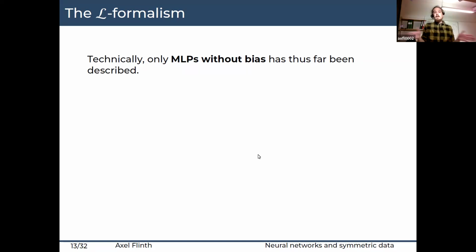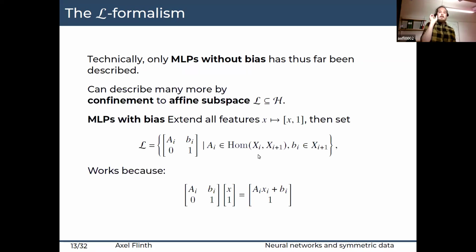So up until now, all linearities have been completely unconstrained. The nice thing is that with a simple technical construction, we can actually include a lot more neural network architectures into the framework. And the trick is to say that I confine my weights into an affine subspace L.